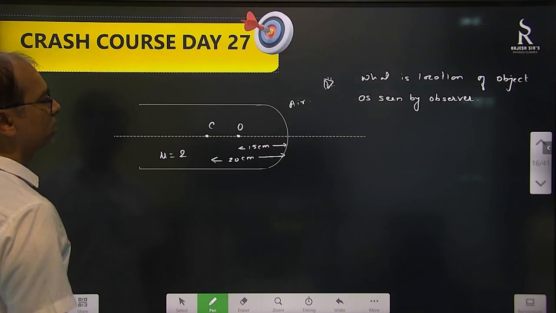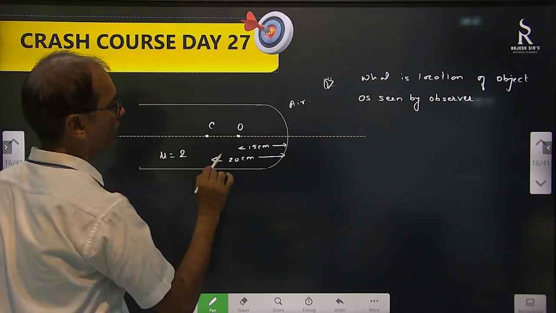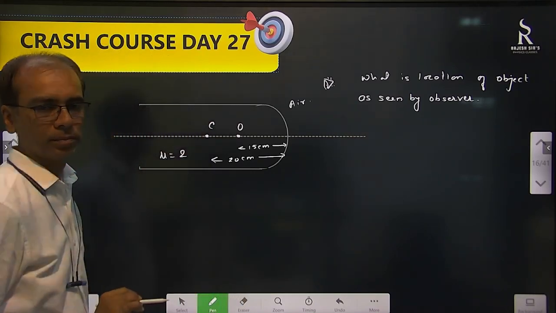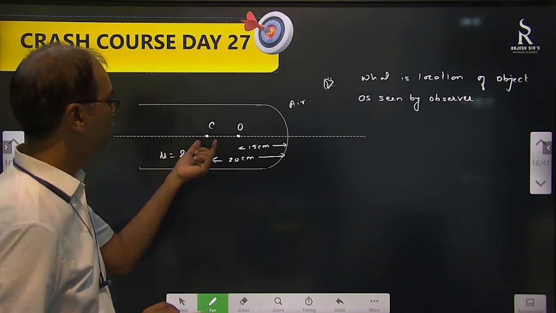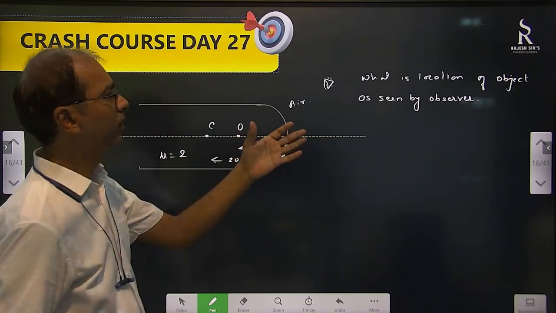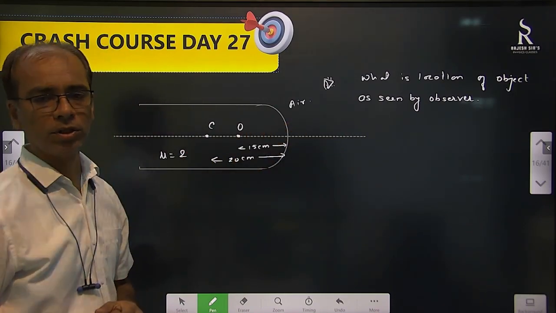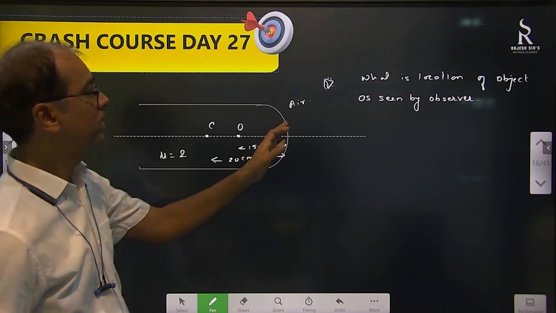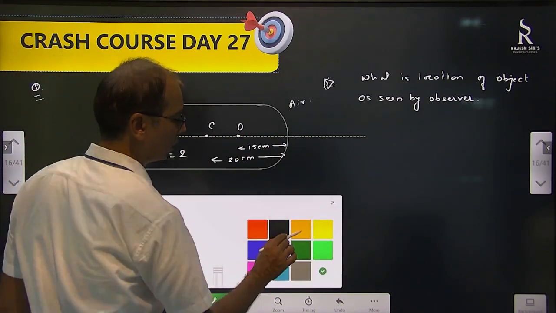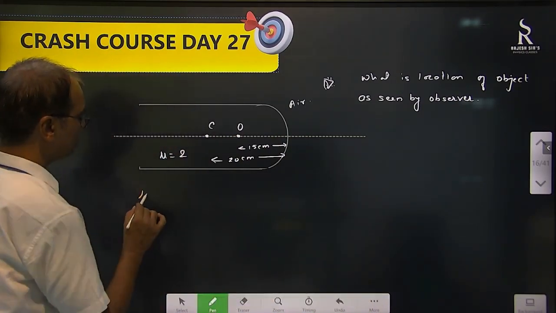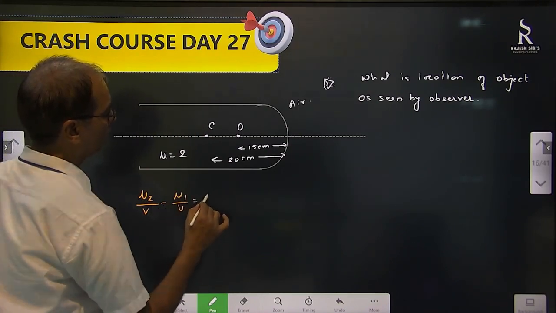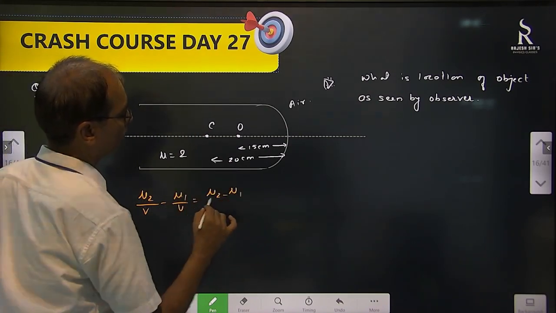So here this is the object. This is the medium and it has to go out to the air. The center of curvature is given, it is at 20, object distance is 15, and we have to find the position of the object as seen by the observer. Very simple question, formula based. Mu2 by v minus mu1 by u equals mu2 minus mu1 by r.